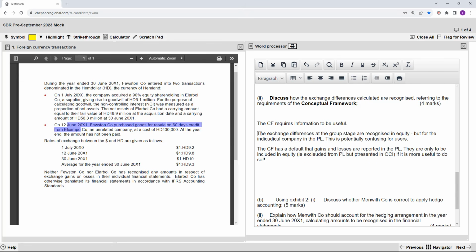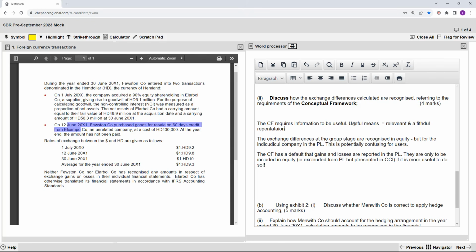Now, if you want to polish this off a little bit more, you could say that useful means that it is relevant and a faithful representation. I do think this is worth a couple of marks.